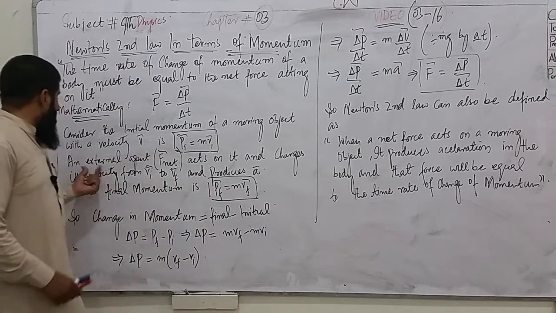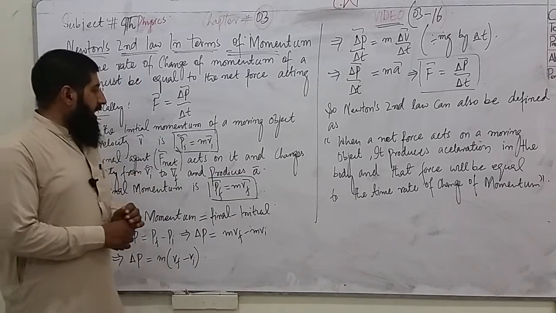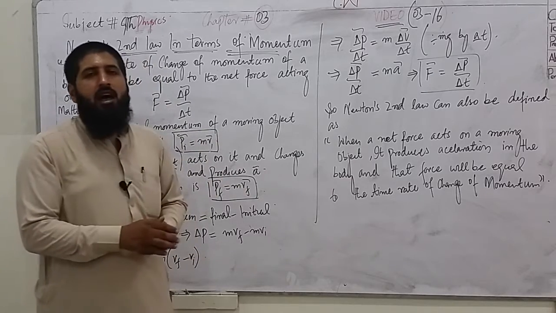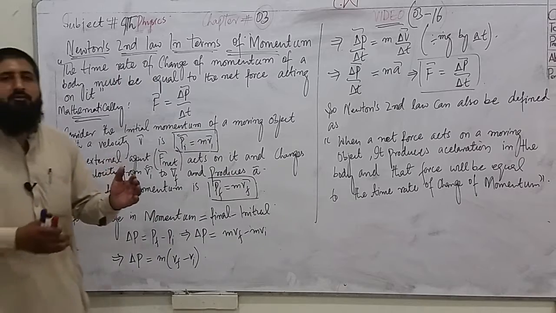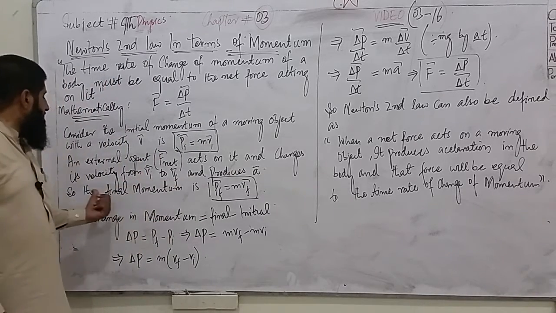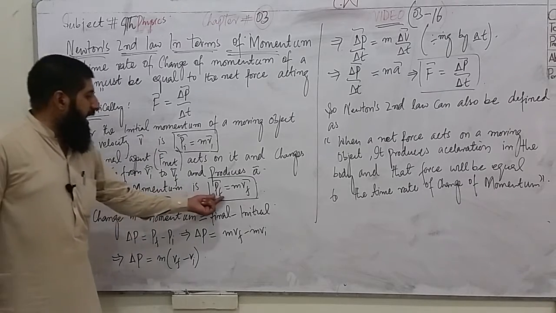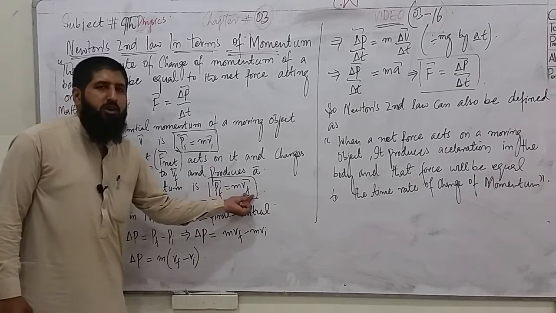At such a time an external agent acts on that object and produces some acceleration, changing its velocity from vi to vf. So the final momentum will be equal to m vf.